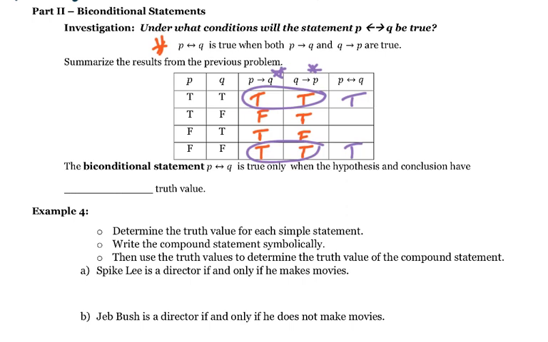And then in our other situations, where P and Q are true then false or false then true, our biconditional will be false. So true, false, false, true is our final truth value or truth table for a biconditional statement.